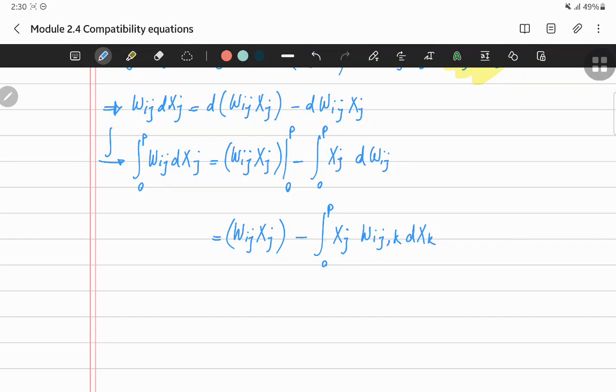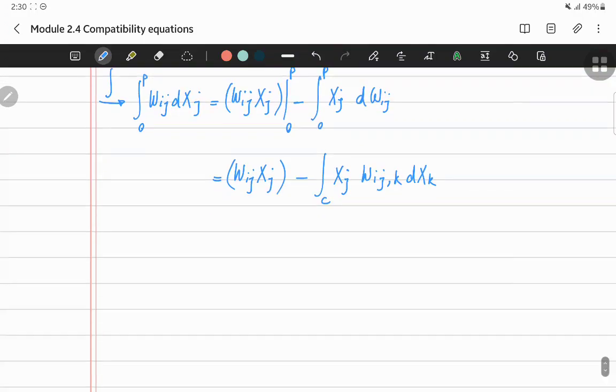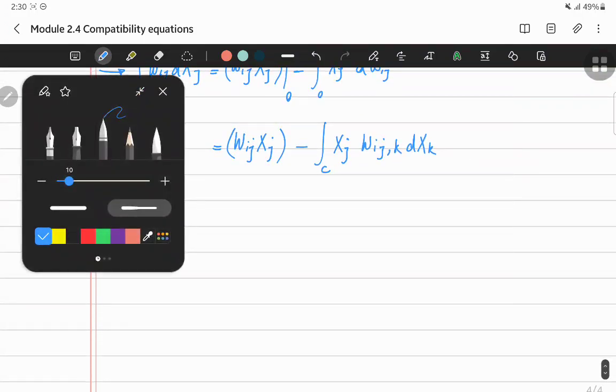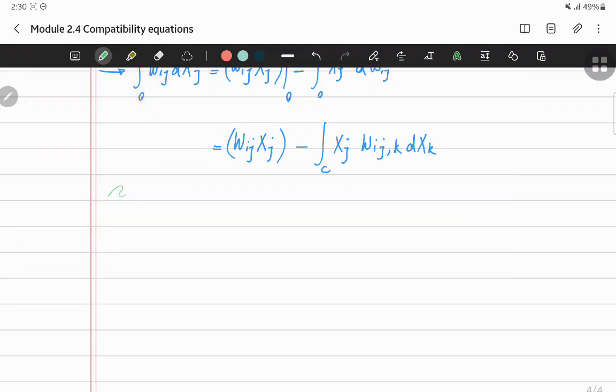And it is from 0 to p, or I can write it as C, simply. Next, I want to now calculate this wij,k, the partial derivative of wij with respect to xk. What is it?